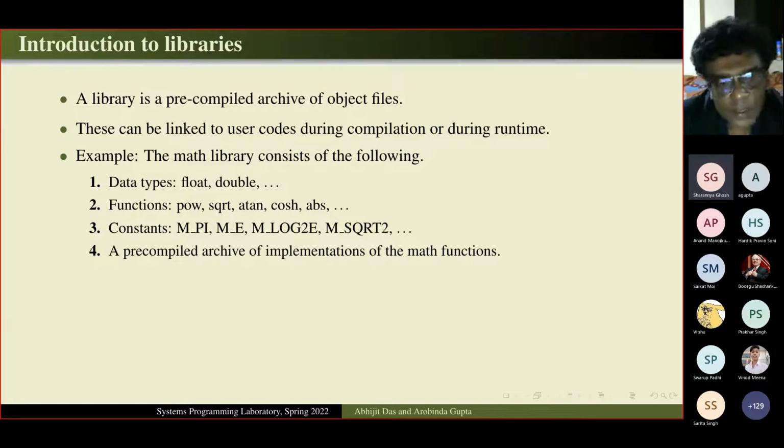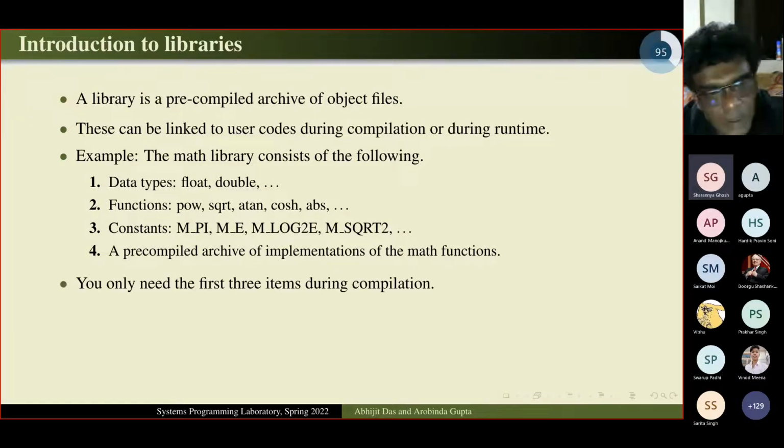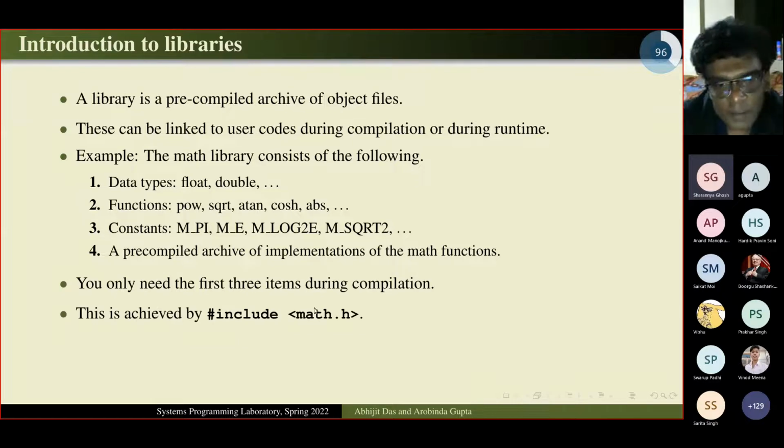Now, when you write a code, you need to do two things. First, you have to include math.h so that during compilation, or the first stages of compilation, the compiler precisely knows what is your float data type, what is your double data type, what the constants like math pi, math e, math log 2e are, how they are defined.